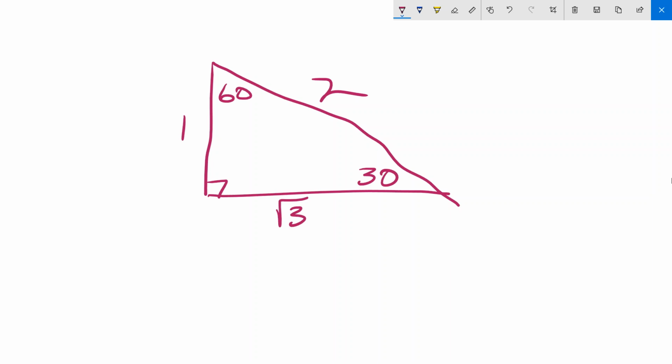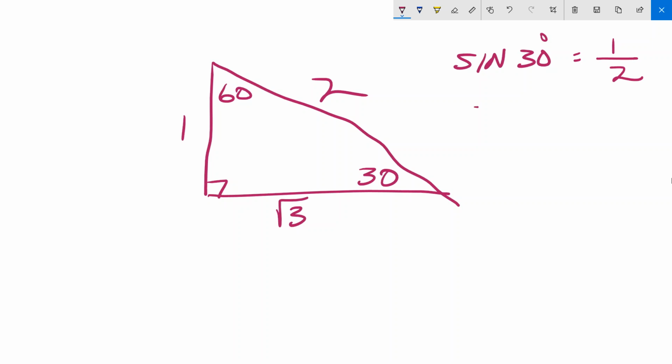Okay. Now, if I said to you that the sine, what is the sine of 30 equal to? Okay, very important. We take trig functions of angles to get ratios. Okay?